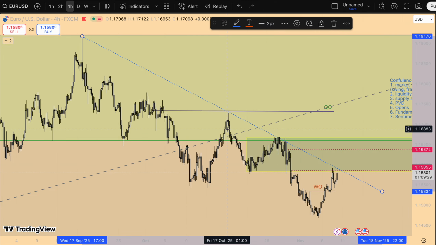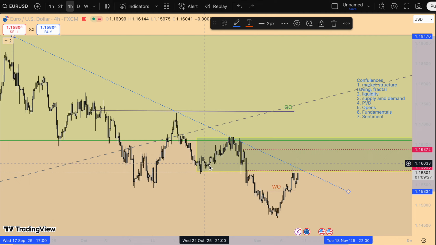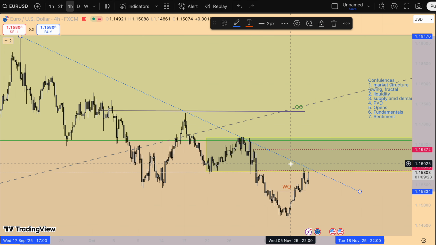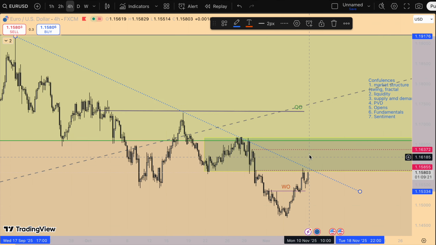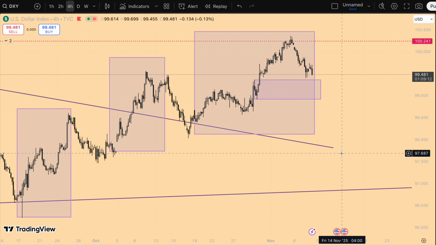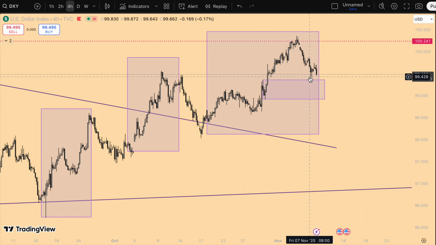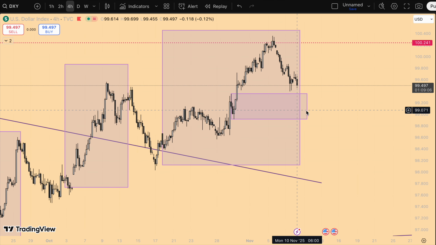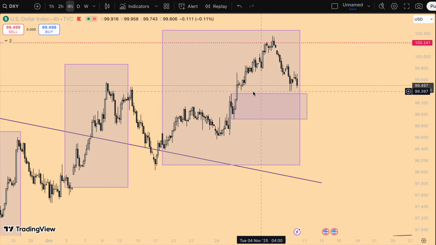We've had long selling pressure, and I know there would be trend line traders here. So once I see they've been trapped and I start to see those break above the highs, I will start to look for longs on Euro USD. If I look at the dollar also, for me to look for longs on Euro USD, I would like to see this area get broken from the dollar.